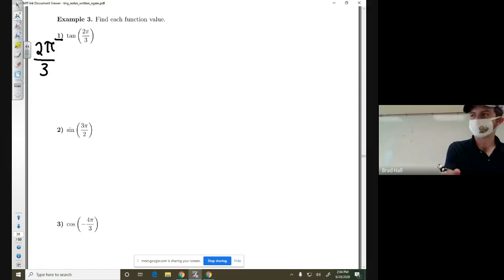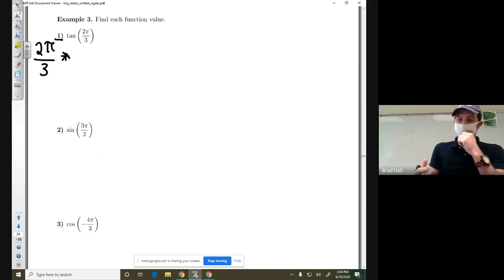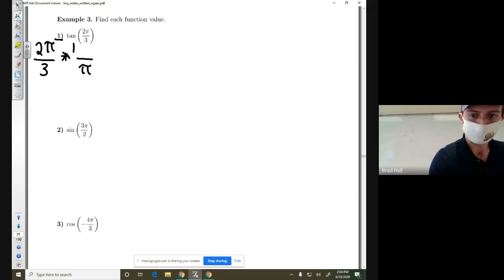2 pi over 3, I'm going to convert this to degrees, because we have a more intuitive understanding of degrees. We're not even looking at tangent yet. We need to figure out how to convert radians to degrees. The way I normally think about it is you divide out the pi, and then you multiply by 180.